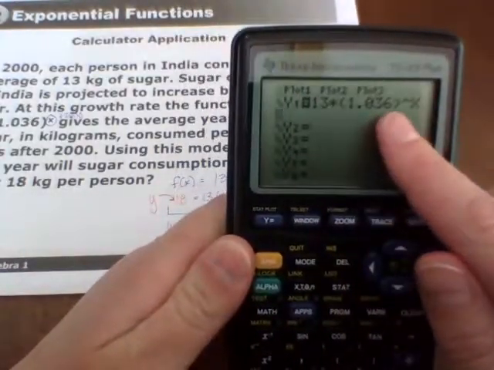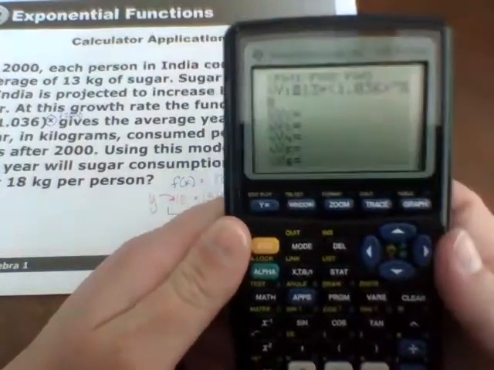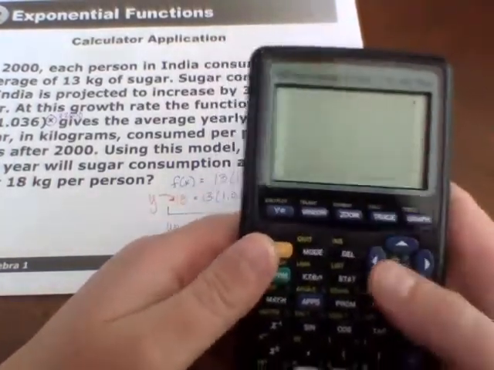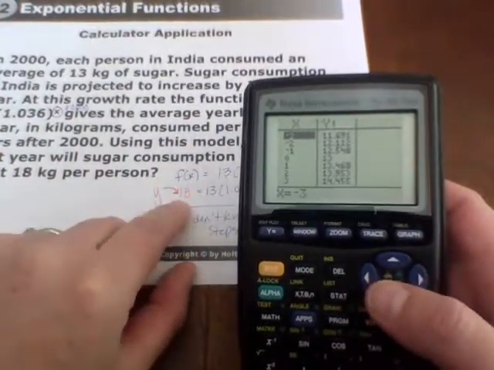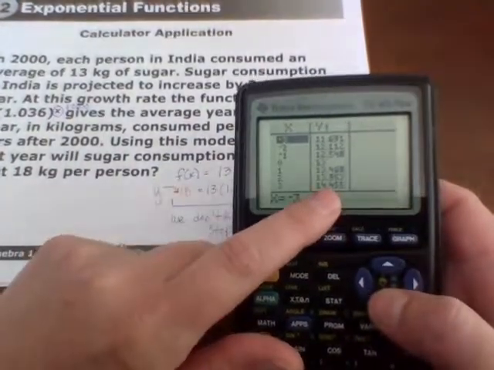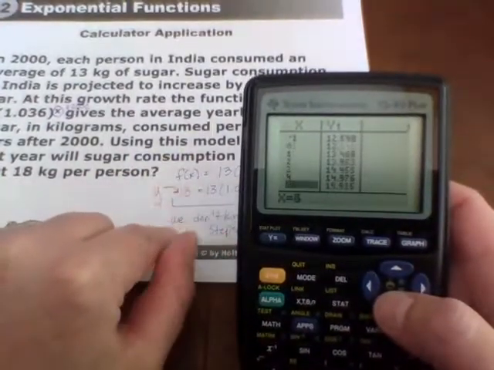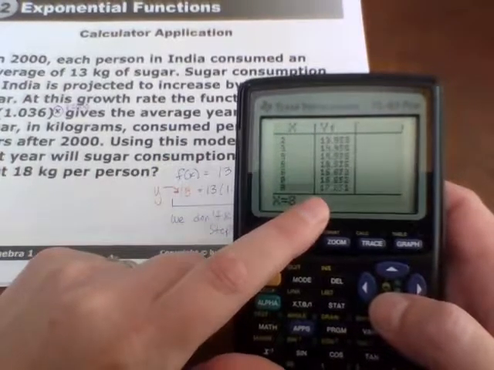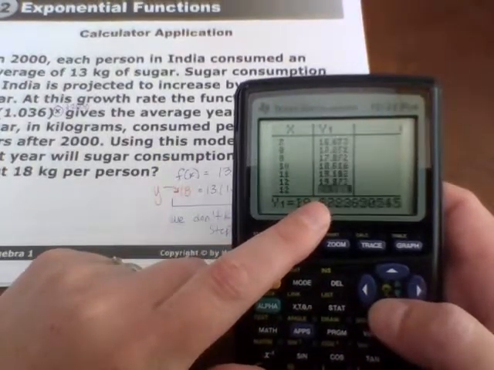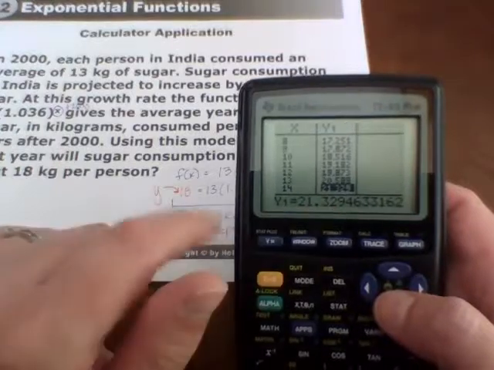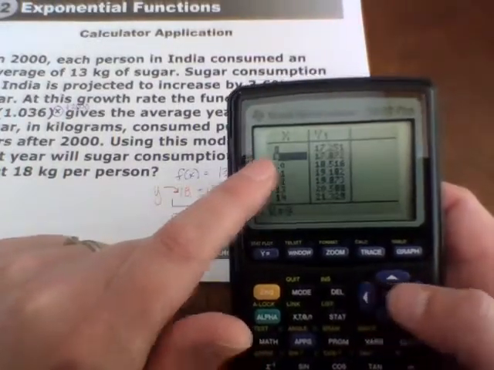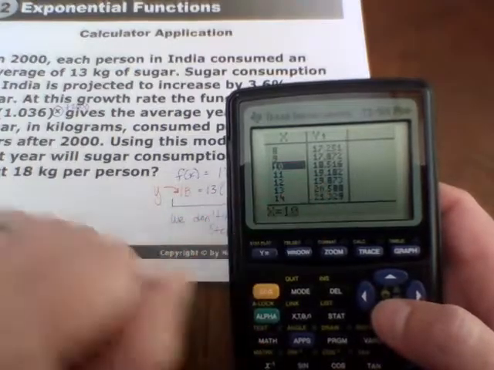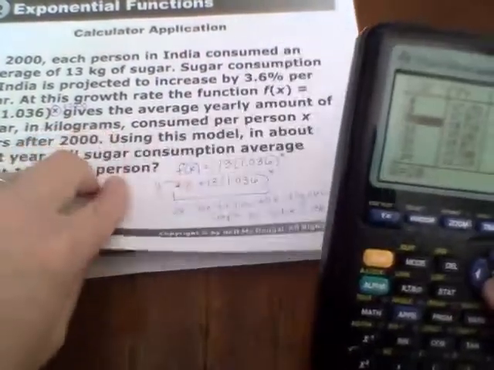Then if we go to our table, we're trying to find a y value of 18. Notice we only get to 14 in this value here. So just continue to scroll down. You can scroll down in the y's as well. We're trying to get to 18, and as you see in year 9, we're at 17, but in year 10, we're at 18.